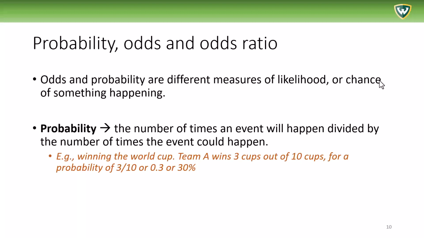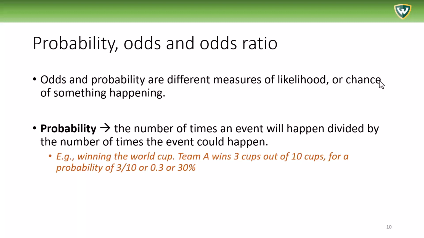its model. So let's recall that probability refers to the number of times an event will happen divided by the number of times the event could happen, or the number of potential occurrences for the event.